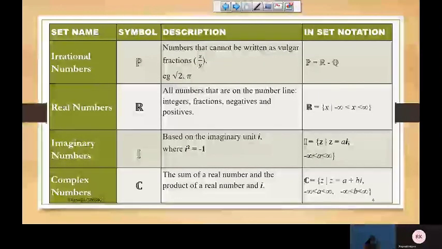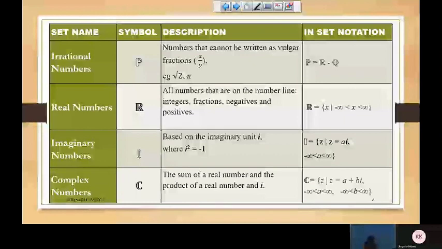So we represent that by saying the set R is equal to X, where X is any value such that negative infinity is less than X, which itself is less than positive infinity. In other words, it's greater than the smallest number that would exist and is less than the largest number that would exist, if such a number did exist.